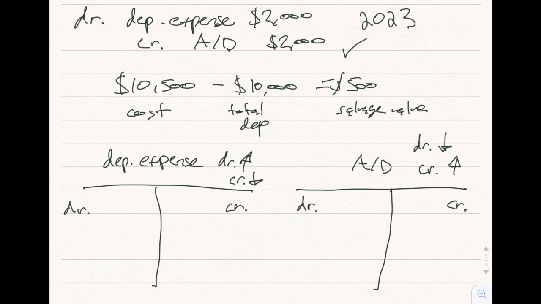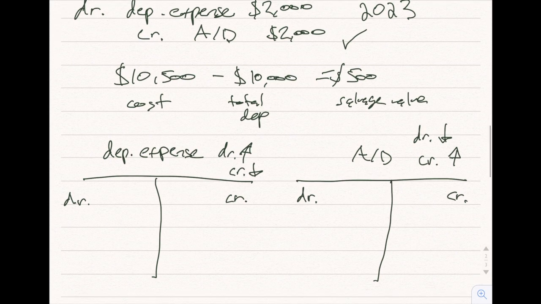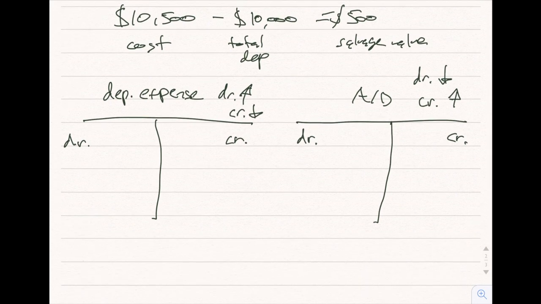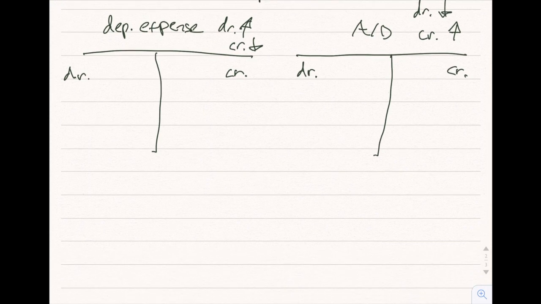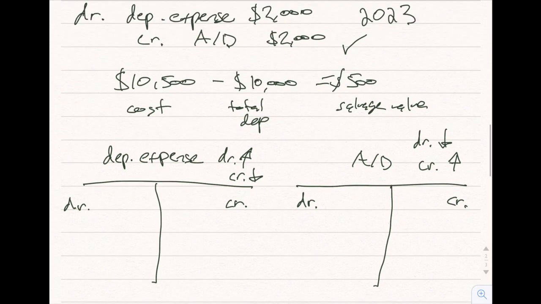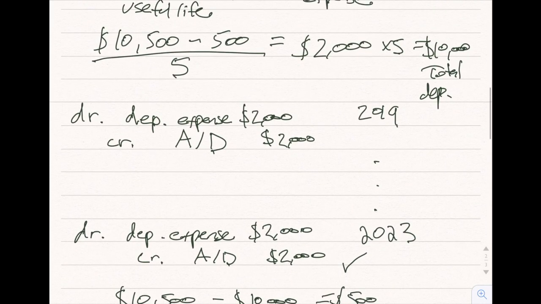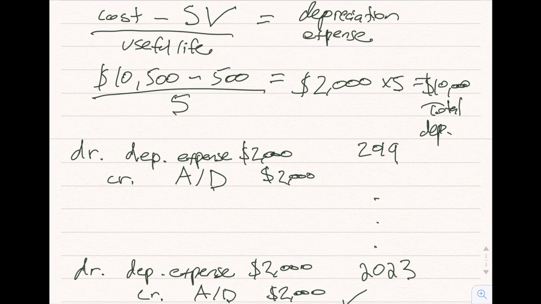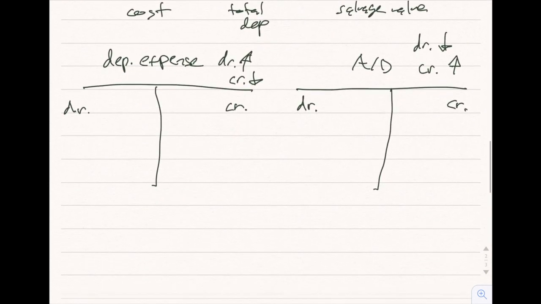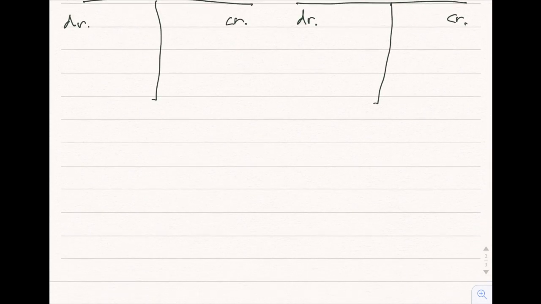So the thing about journal entries and depreciation expense is just one example. This is typically done on a monthly basis. So we start with the yearly amount when we're working with our formula up here to get to depreciation expense, cost minus salvage value divided by useful life. But depreciation expense is kept track of on a monthly basis.